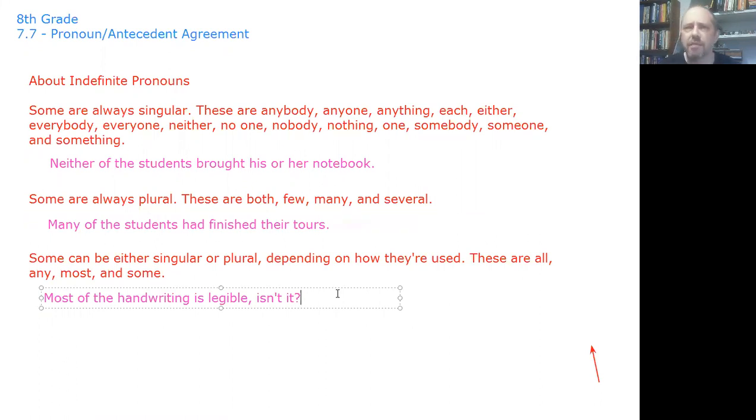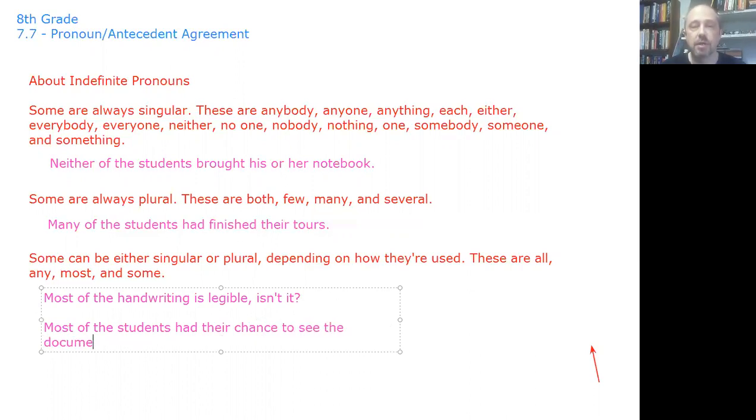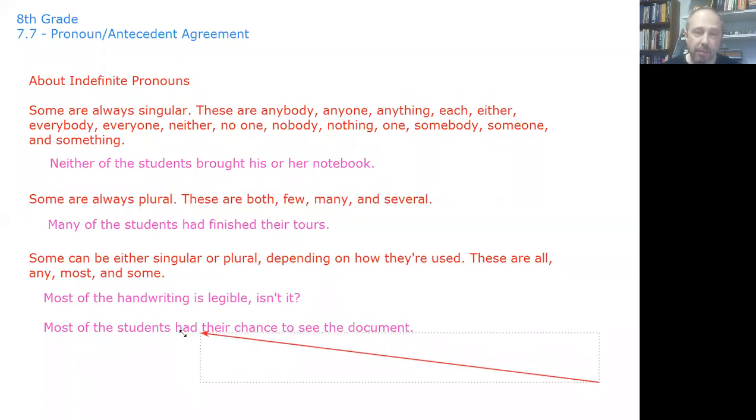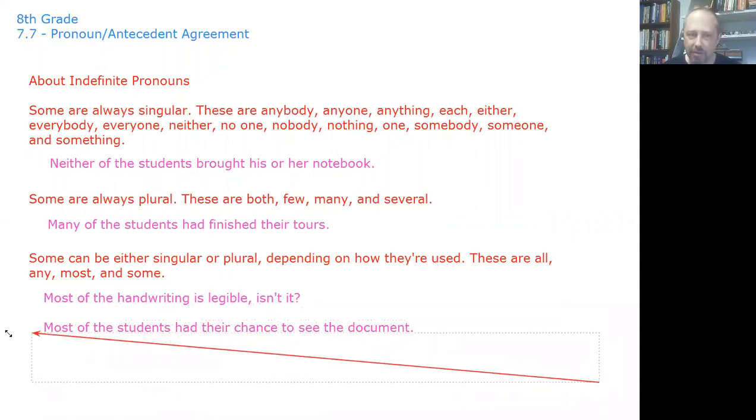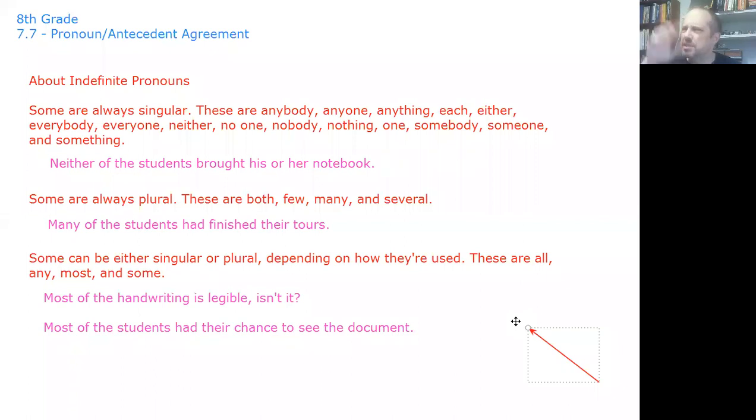It's almost like a collective noun in a way, as opposed to most of the students had their chance to see the document. All right. See, now here, students is plural. This means most is plural, means I need to use a plural pronoun when referring back. All right. So I've got a pronoun referring back to a pronoun. So, I mean, it can happen. Antecedents for pronouns aren't always nouns, so keep that in mind.